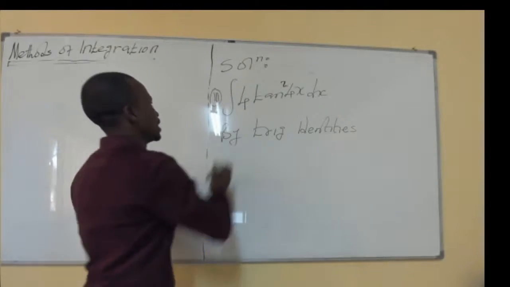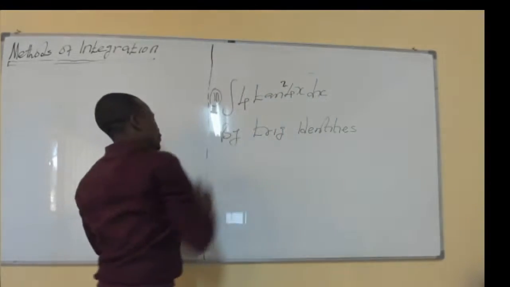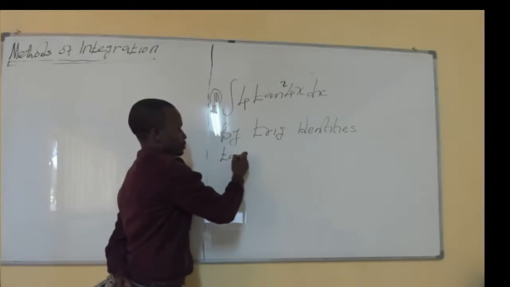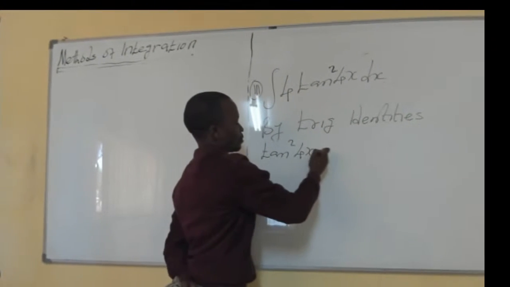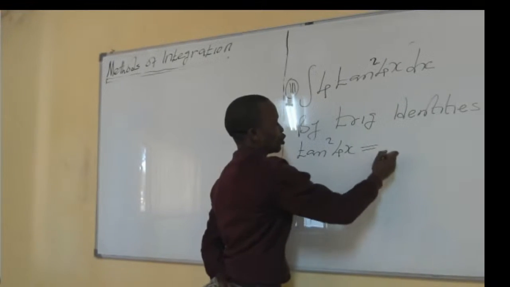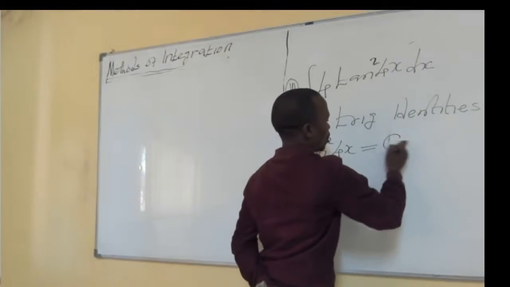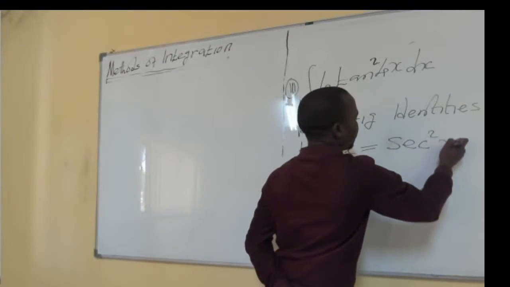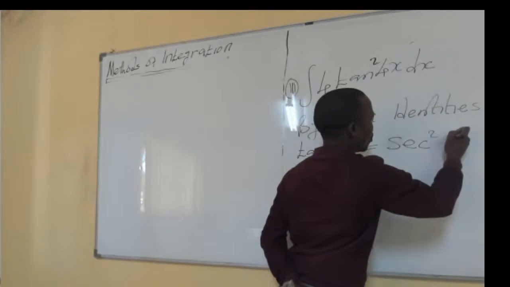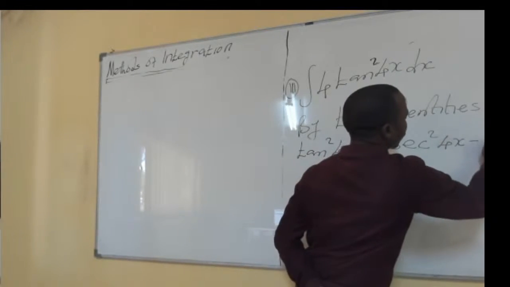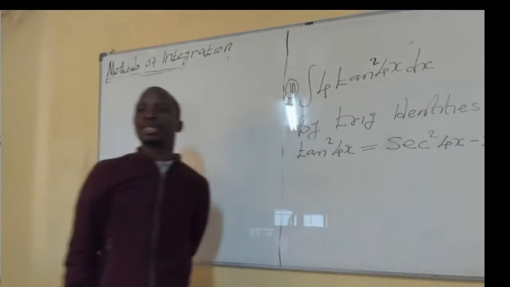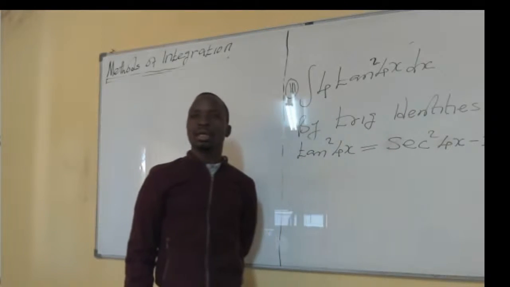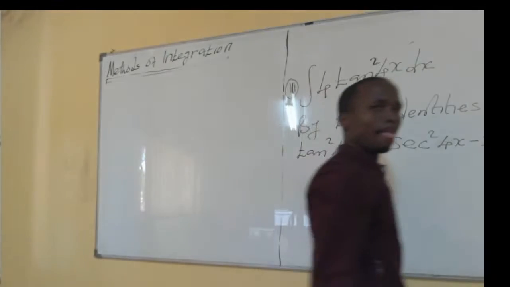I think if you recall, the tangent squared of x will be equal to the sec squared of x minus 1, so the sec squared of 4x minus 1, from the trigonometric identities.